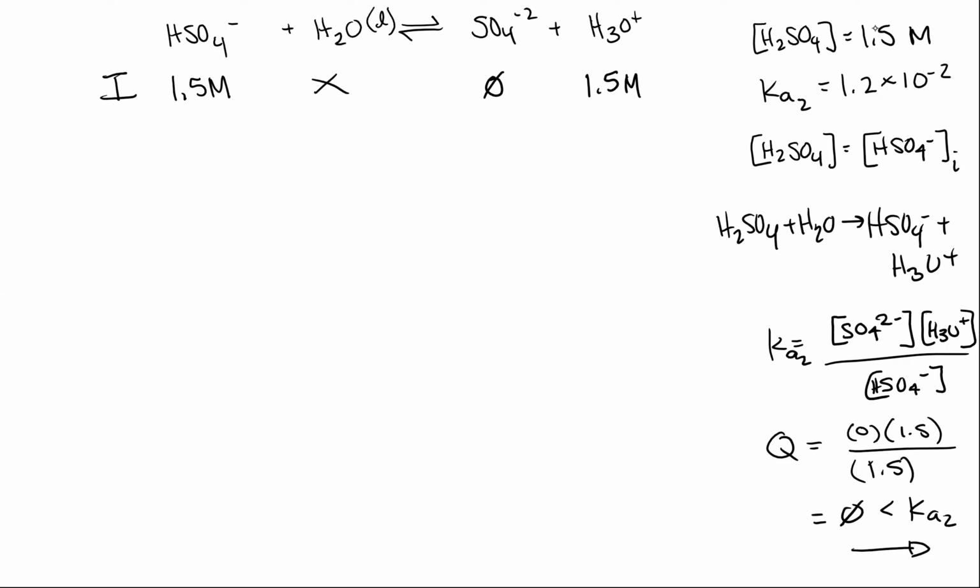Also, anytime I see a 0 in my initial concentrations, I know that I'm going to have to form some of that either reactant or product to reach equilibrium. So that means my change is going to be minus X from my reactant side and plus X from my product side.